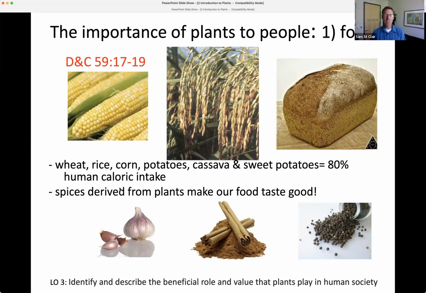And what makes food enjoyable to eat are flavors that we like, that come from spices, that are secondary chemicals that plants produce that create aromas and flavors. So what makes food taste good? Think onions, garlic, spices, and without those aromas and flavors that plants provide, our food would be bland.